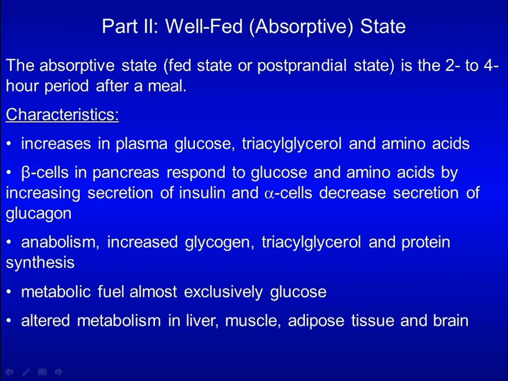Pancreatic beta cells respond to glucose and amino acids and secrete insulin. The insulin-glucagon ratio rises. Metabolic patterns are shifted towards anabolism. Metabolic fuel is almost exclusively glucose.